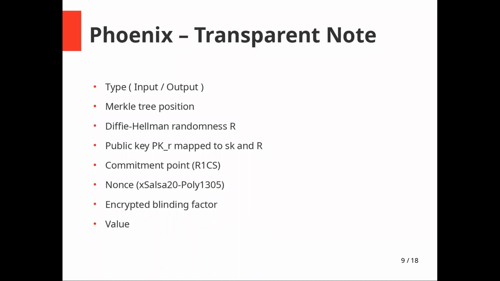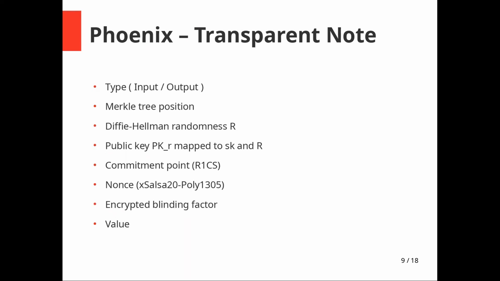The transparent node has a very similar structure to the obfuscated node. The only difference is the value is not encrypted. All the other points are absolutely the same. So the commitment point still exists because this transaction will be injected into a circuit. So even if we don't encrypt the value, we need the commitment point for this value.